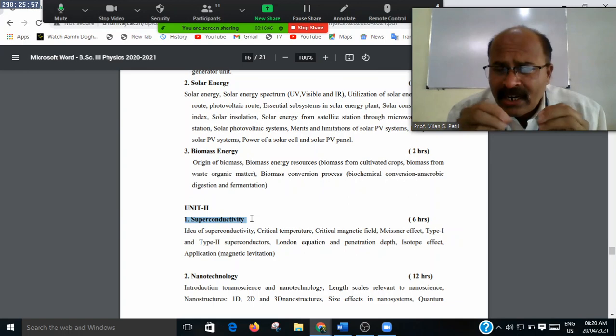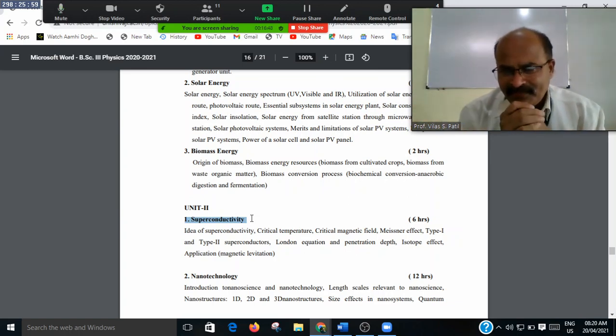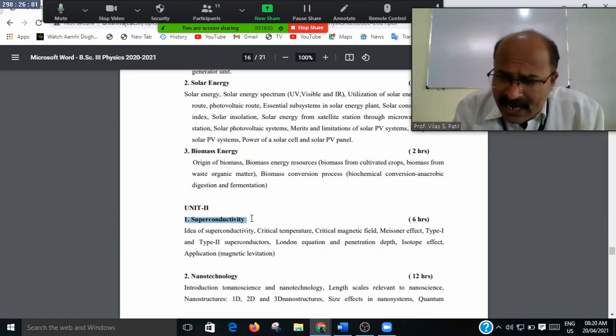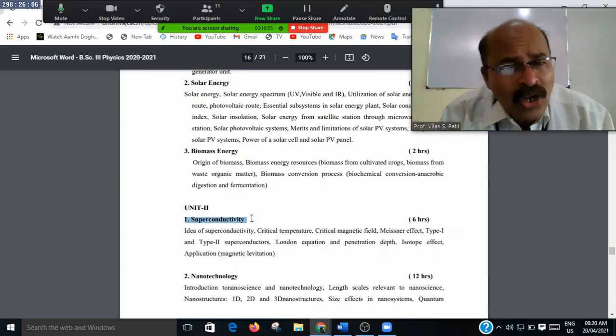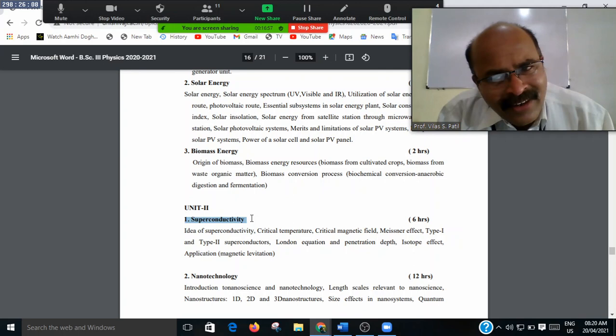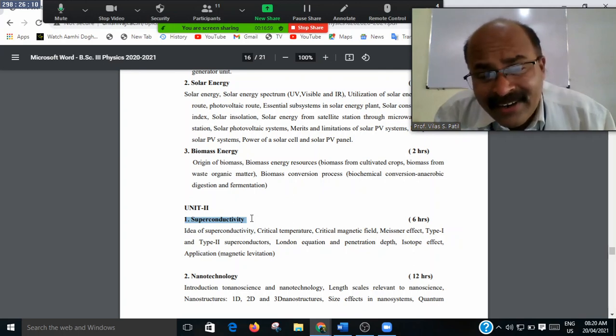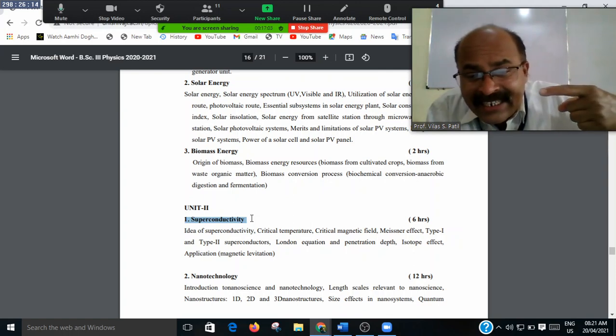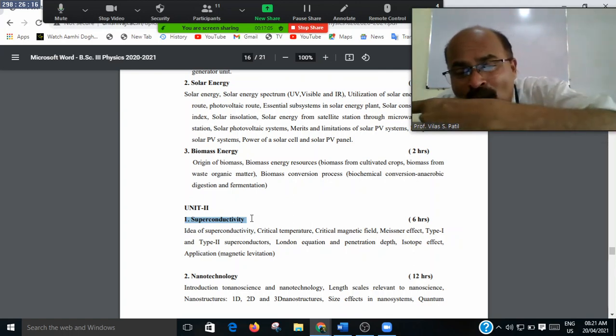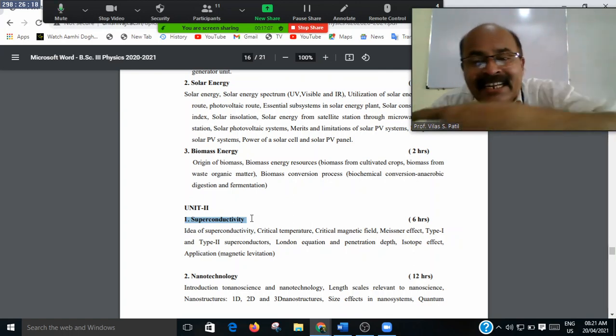An insulator is totally opposite to a conductor. An insulator is a material through which electric current does not conduct. A conductor is a material through which electric current is going on, or electric current is conducting.